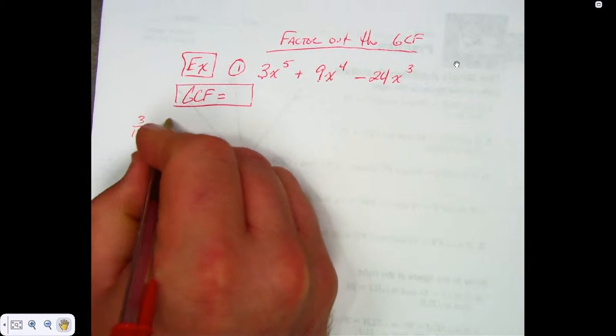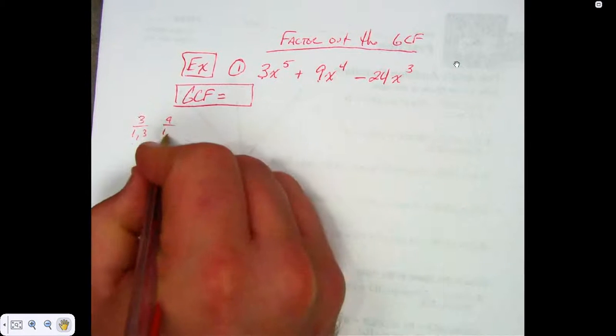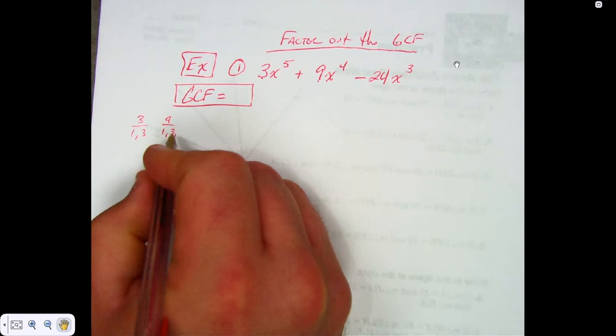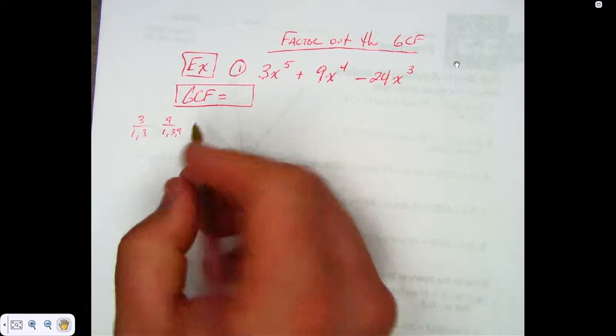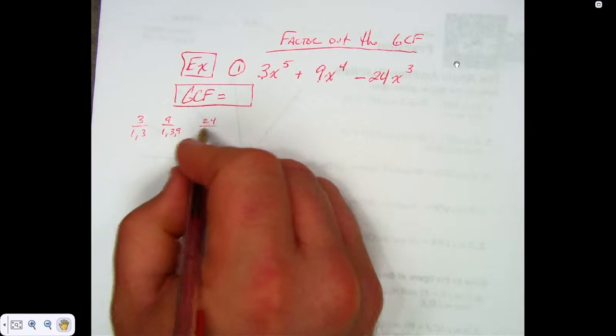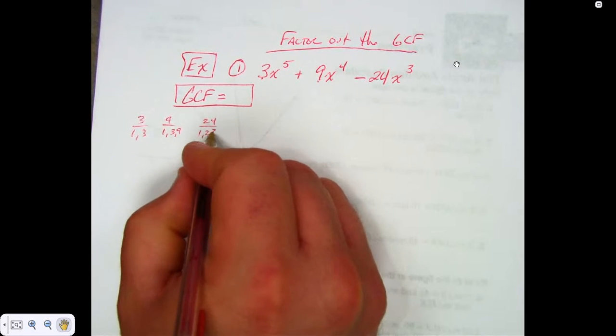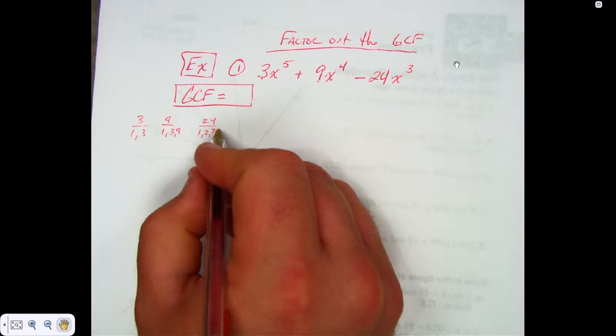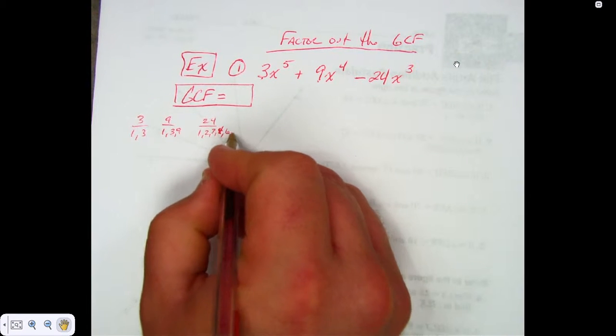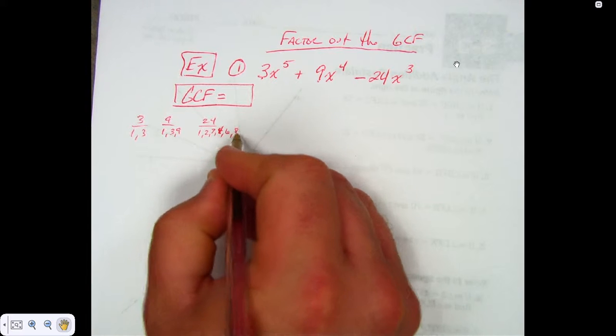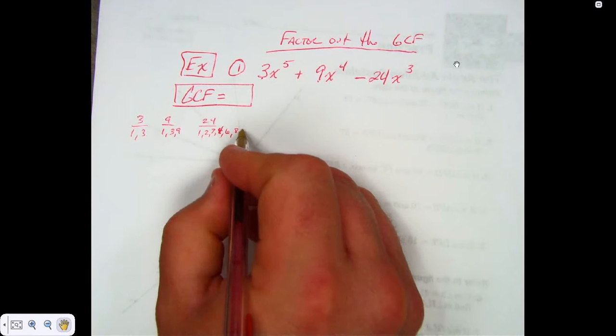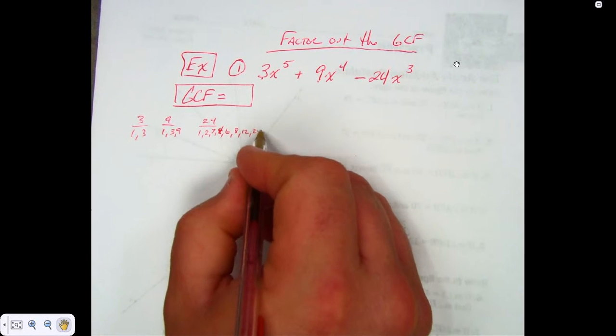Well, if you need to, you could write them here. This I don't have to see, but if you're a person who needs to see this, then 24 is what? 1, 2, 3 times 8, 4 and 6, 8, and 12, and 24.